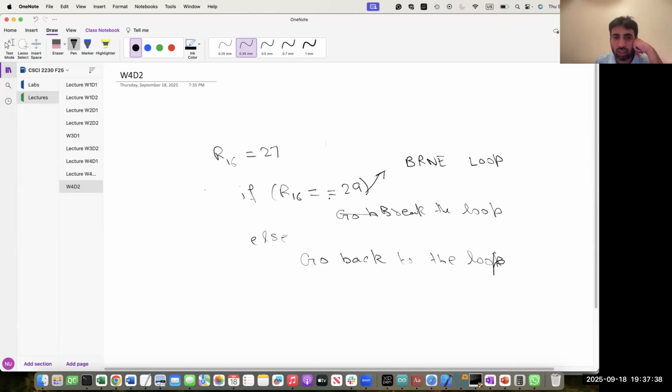This is the opposite, but does exactly the same thing. Here we are saying if R16 is equal to 29, break the loop. And here we are saying if it is not equal to 29, then go to the loop. So we are doing this thing, right?